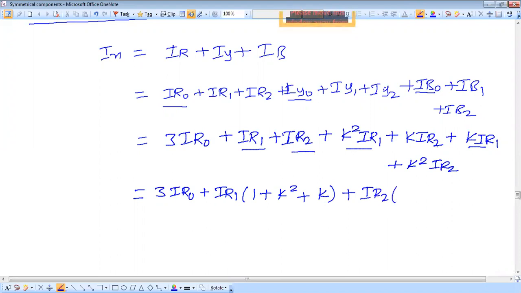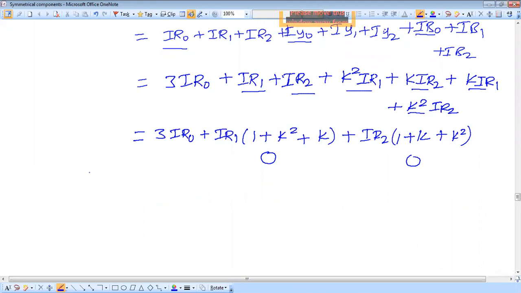Here 1, here K plus K, here K square. Just now we saw 1 plus K square plus K equal to 0. Therefore, this term will be 0 and this term will be 0. Now what is the remaining term? Finally, IN equal to 3 times IR0.